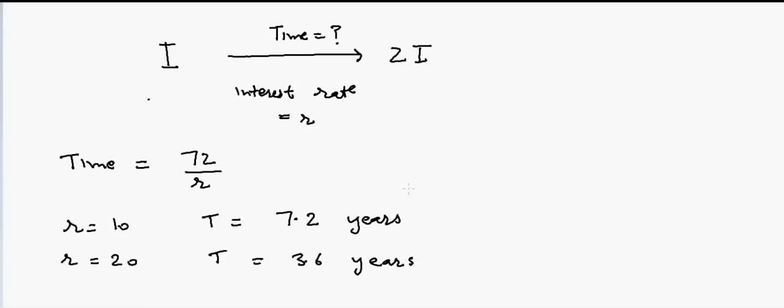So how does this rule work? Let's try to solve this problem in the regular way. Suppose we have investment I, and we have interest rate 1 plus R, and we invested for t years. So that should be equal to 2I.